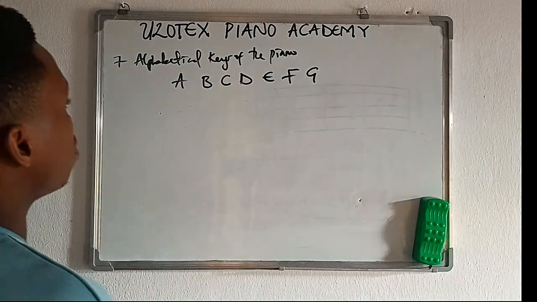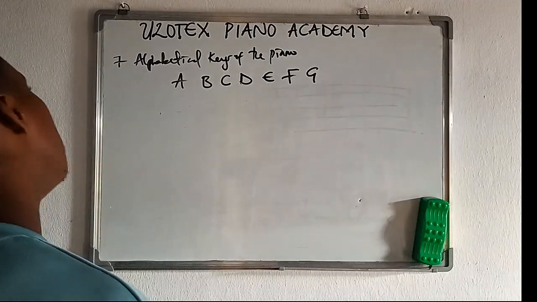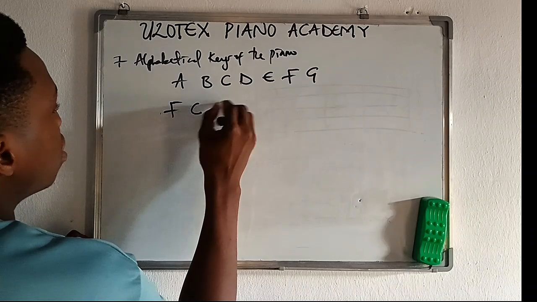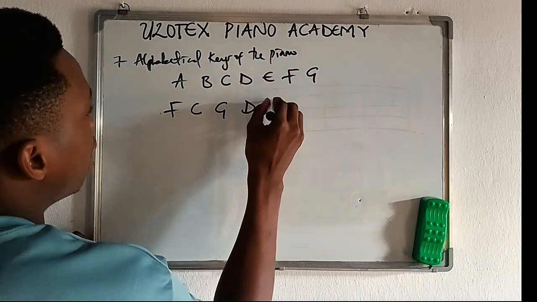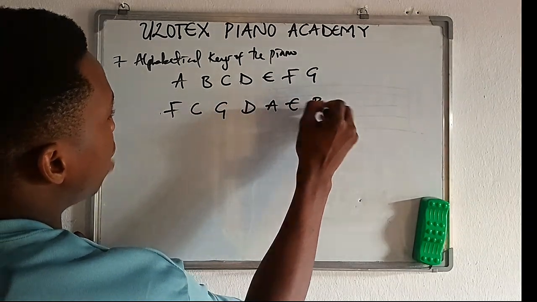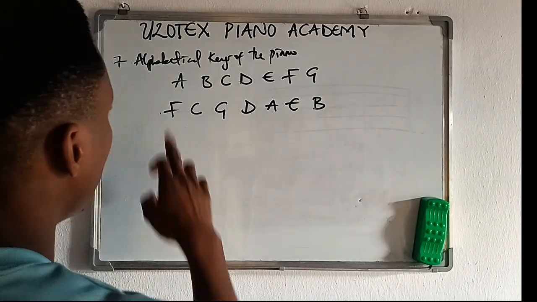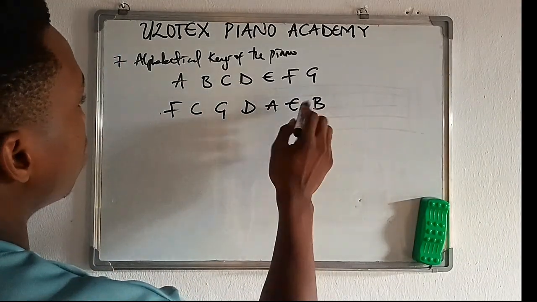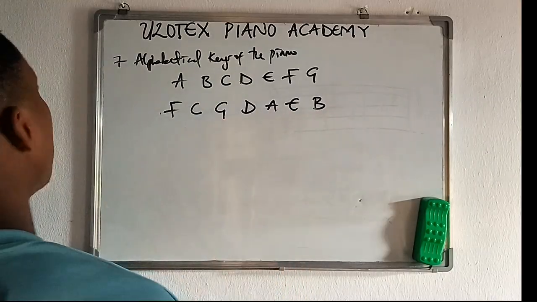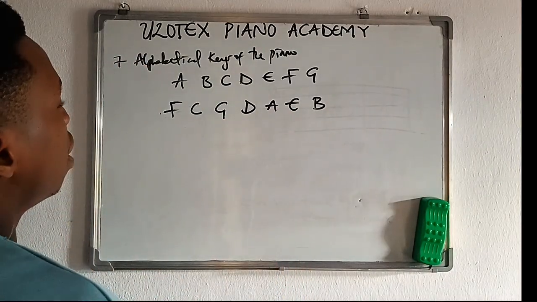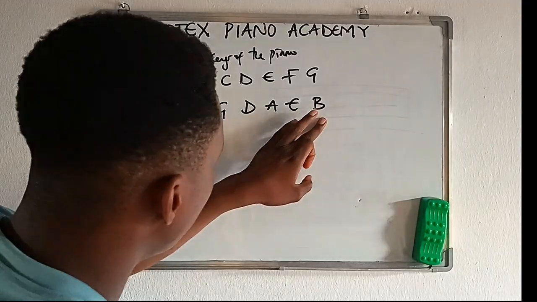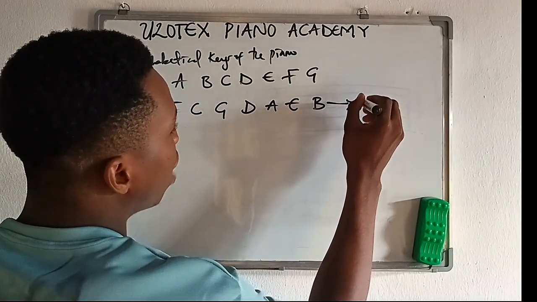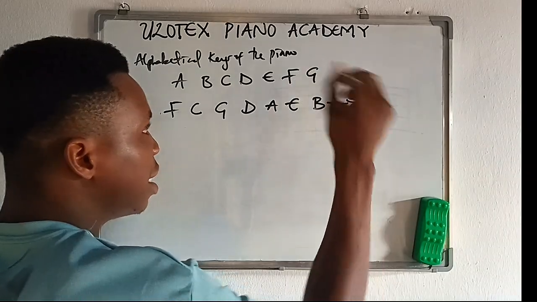Then there is one acronym which we say: Father Charles goes down and ends battle. Yeah, 1, 2, 3, 4, 5, 6, 7. Then going back: battle ends and down goes Charles' father. Now this is the one we are going to use too. This tells us where the sharps are going to be.